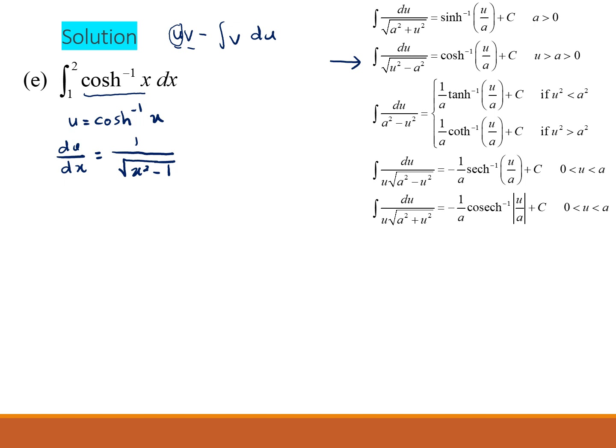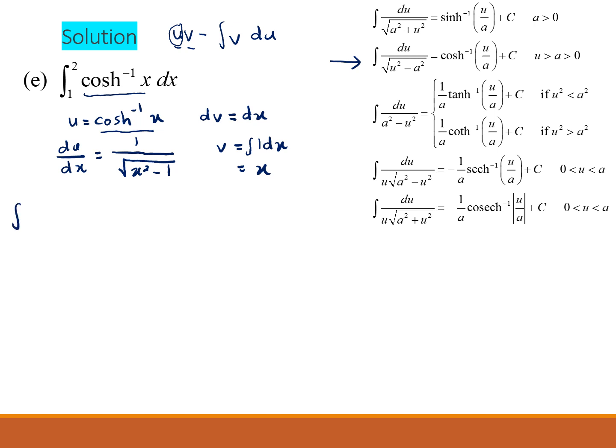So we can solve this. Now what is left is dx. So our dx can be represented as dv, where dv is equal to dx. So v becomes the integration of dx, or 1 dx, which is equal to x.